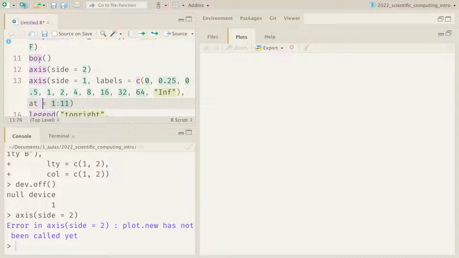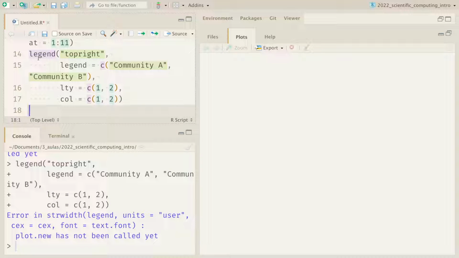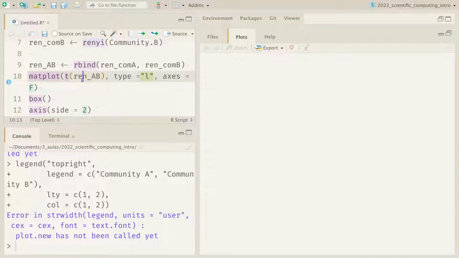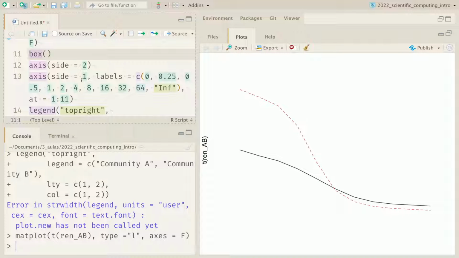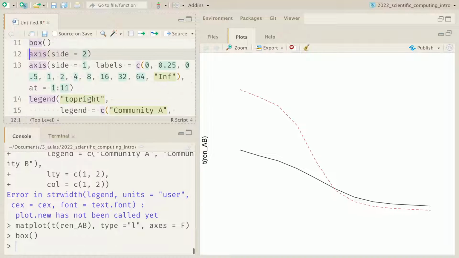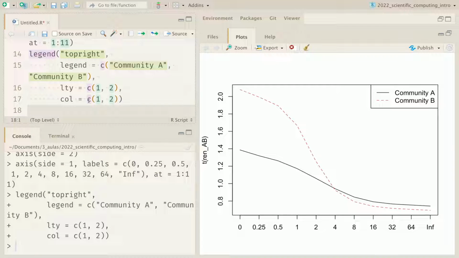And box is neither. Box also does not know where to plot. They only work when there's already a plot. Legend is the same. Whenever you see plot.new has not been called yet, maybe what is happening is that you're plotting on top of it without changing. So try to come back to matplot. Matplot is one of the functions that create new plots. And check if the labels at that point are changing.